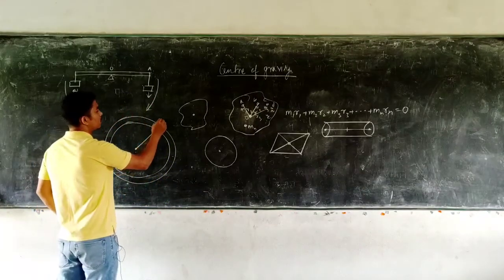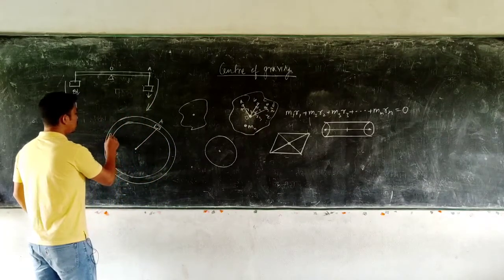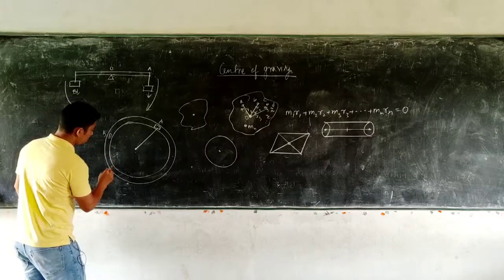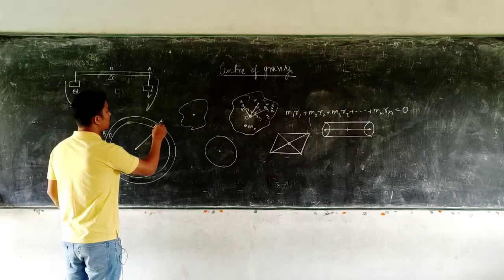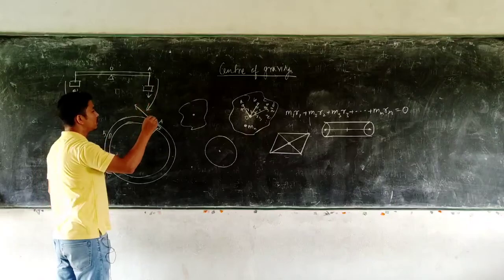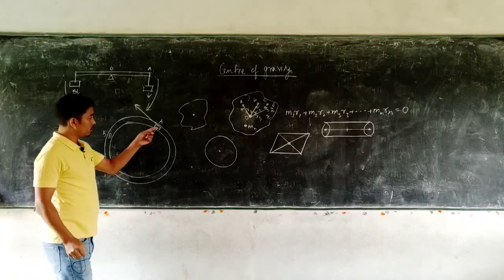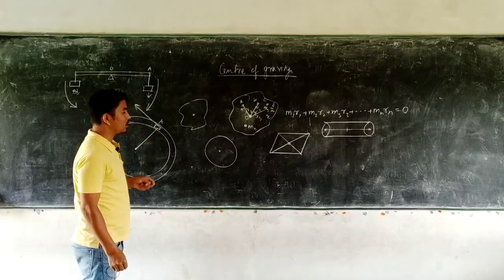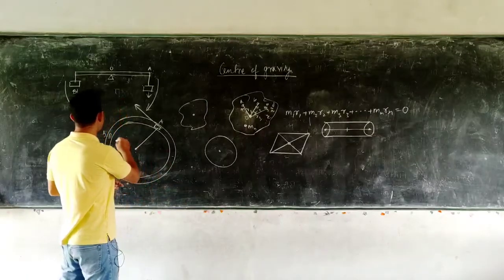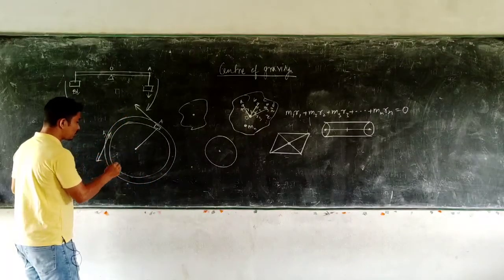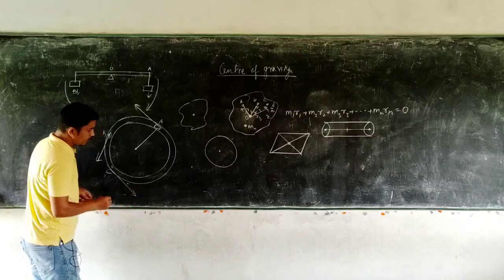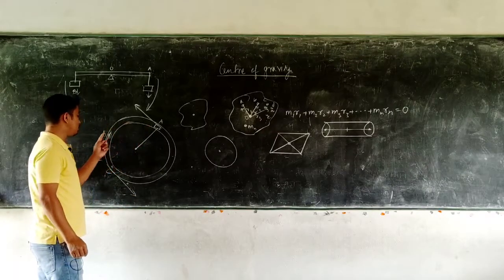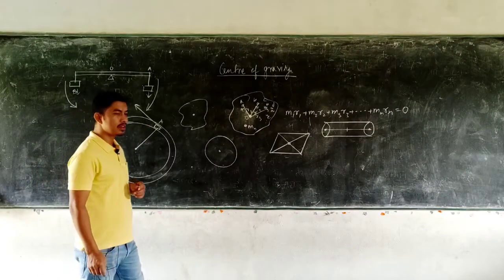Because if I consider three points A, B and C, at point A the direction of the body is tangential to the circle in which it's moving, and at B again the direction is downward, and at C it will be like this. So we see that at every point the direction is changing.